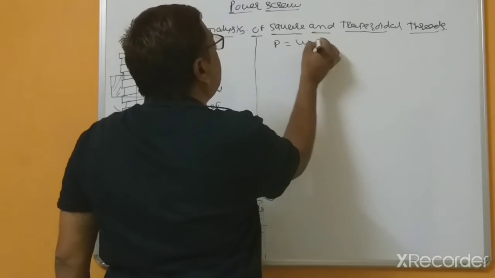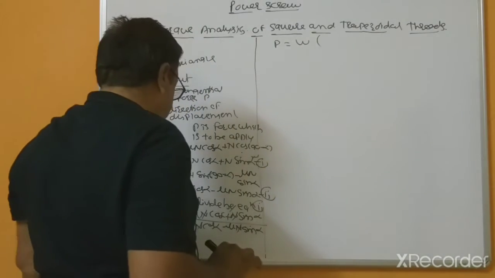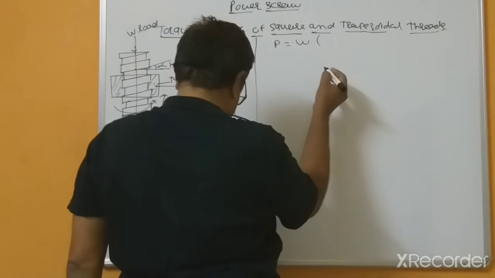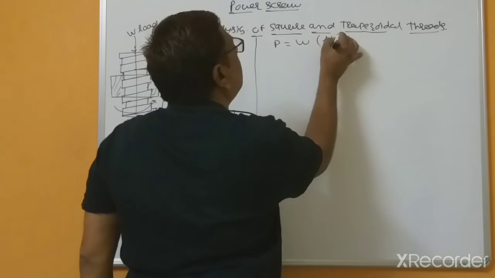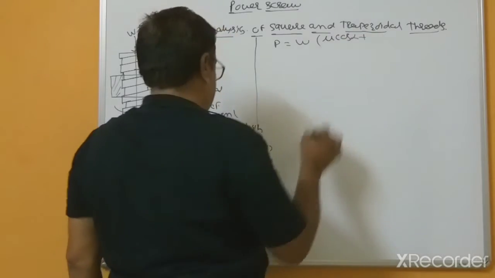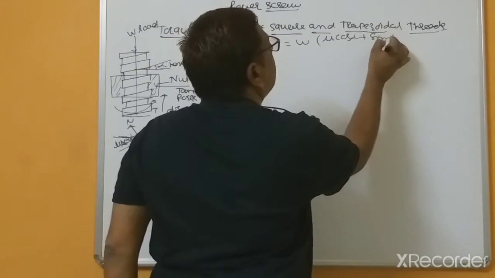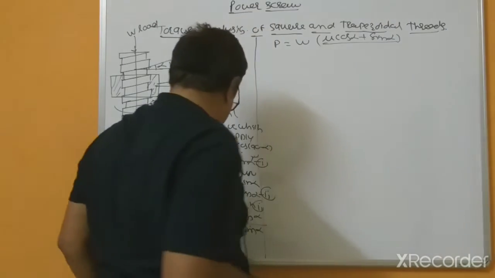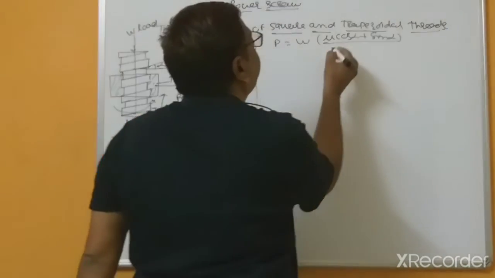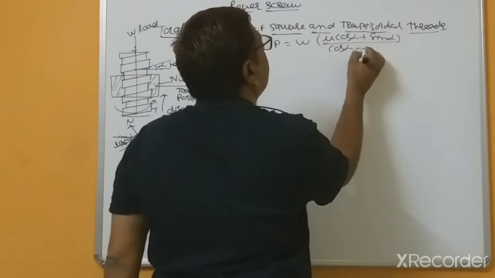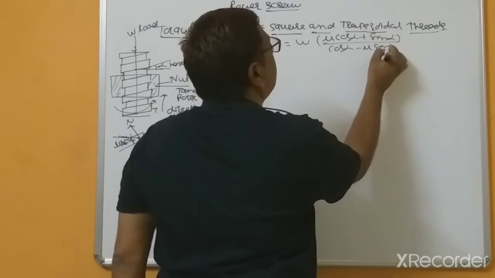P equals W into mu cos alpha plus sin alpha, divided by cos alpha minus mu sin alpha.